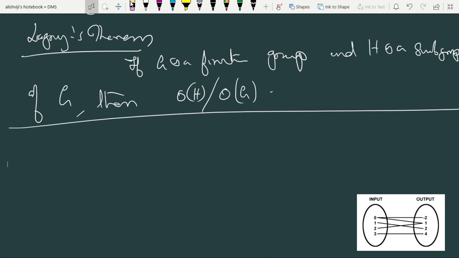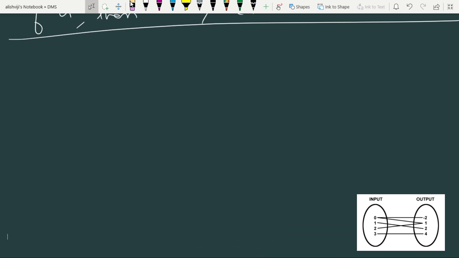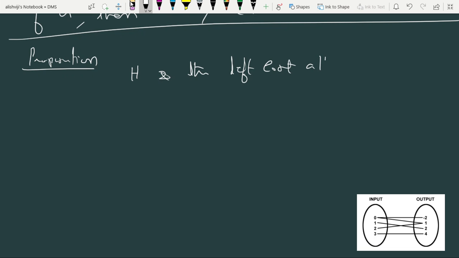In order to prove Lagrange's theorem, we do it in two steps. In the first step, we prove a proposition which says that the subset H and the left coset aH have the same number of elements.